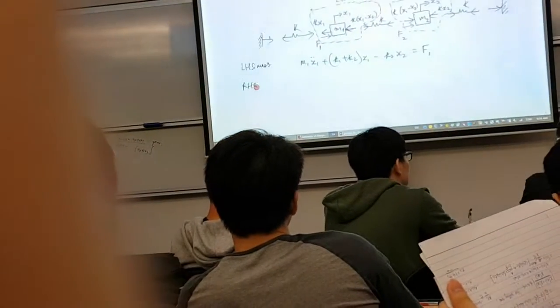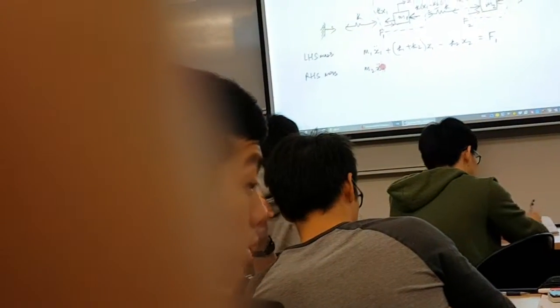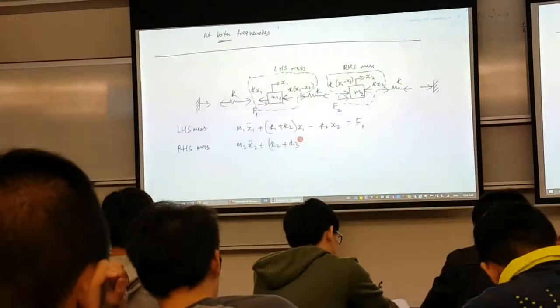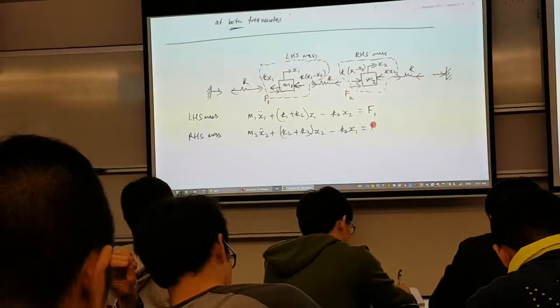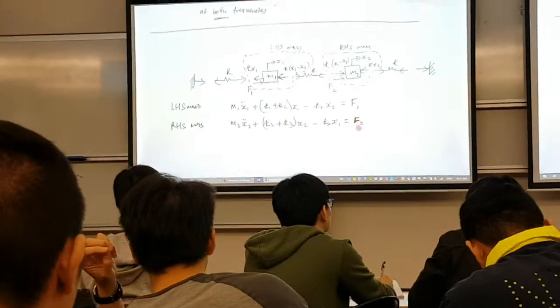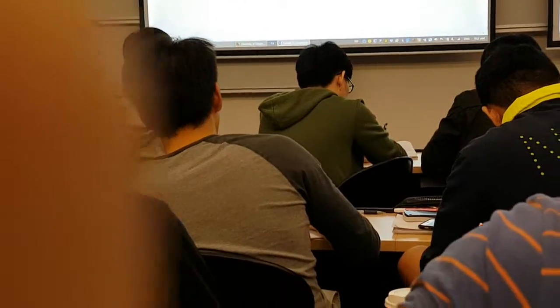For your right-hand side mass, that is M2 x double dot 2 plus K2 plus K3 x2 minus K2 x1 equal to F2. So it's no longer equal to 0 because there's external force coming in.